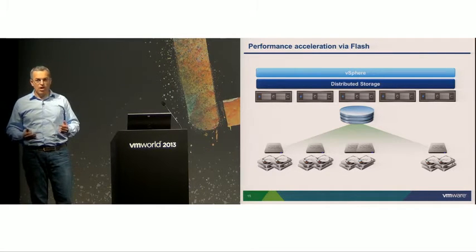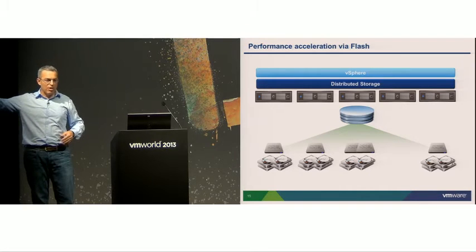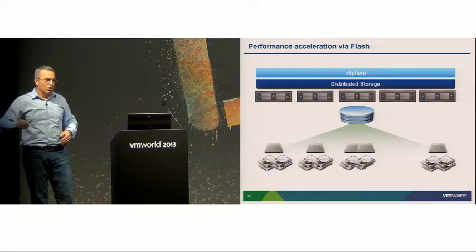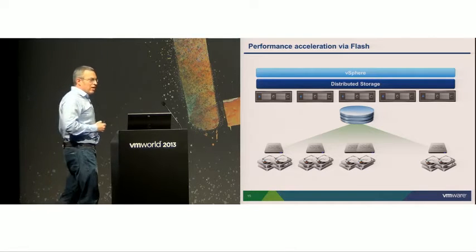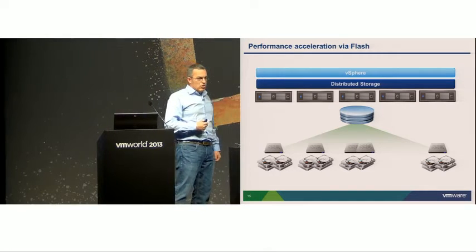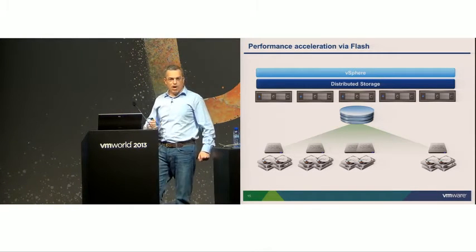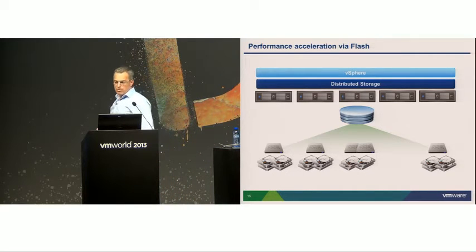So think about that. We're talking about less than 1 cent per IO per second. $2, $3 per IO per second for magnetic disks, 1 cent per IO per second for flash. So what we do in vSAN is we take advantage of flash for getting the performance of your workloads. We use the flash both for read caching as well as write back buffering.